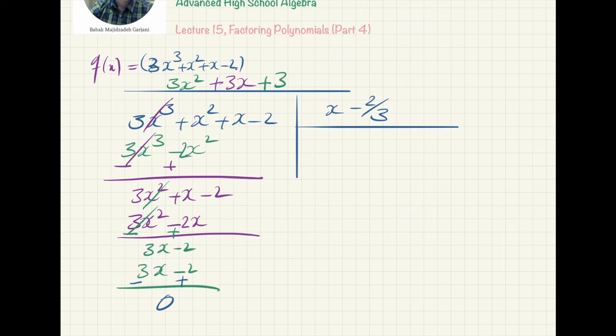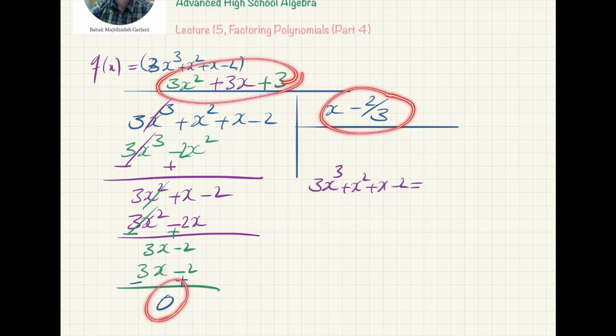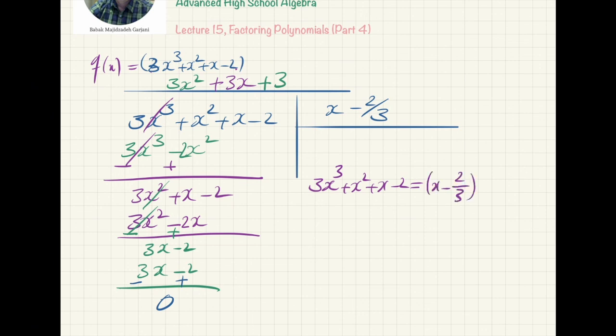So now what I get is that 3x^3 plus x^2 plus x minus 2 is equal to the product of this and that plus the remainder. The remainder is 0. So this becomes (x minus 2/3) times (3x^2 plus 3x plus 3).